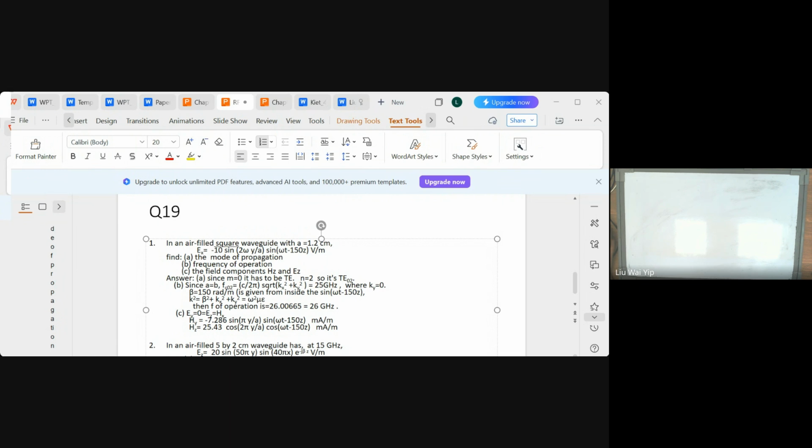It also asks for the frequency of operation. In order to know the frequency of operation, you need to know the cutoff frequency, and the field components Ez and Hz. So we are going to work this out.